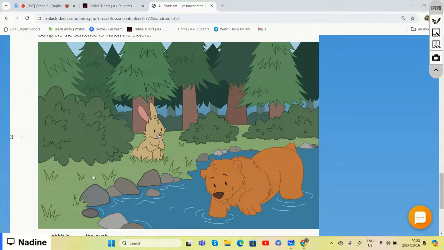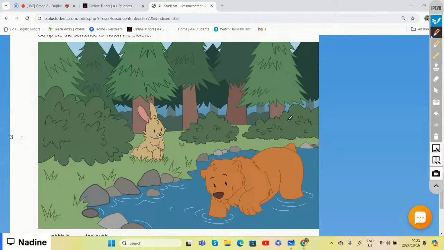And if we were to select where the rabbit is, we can say the rabbit is next to the bushes. So next to the bushes.